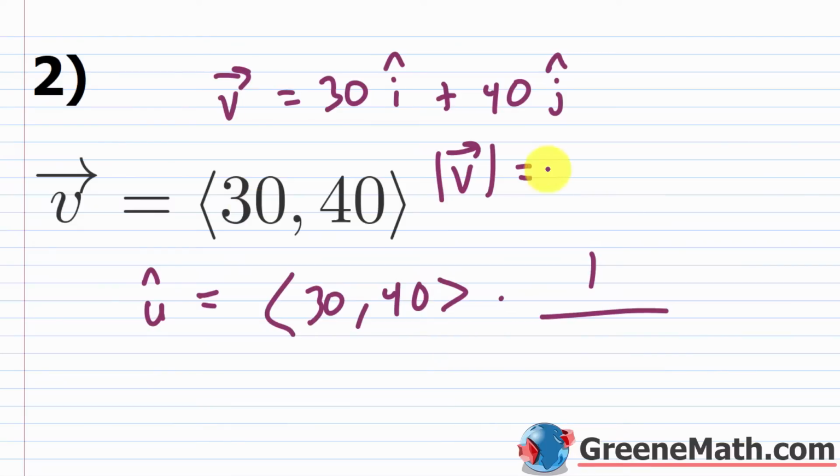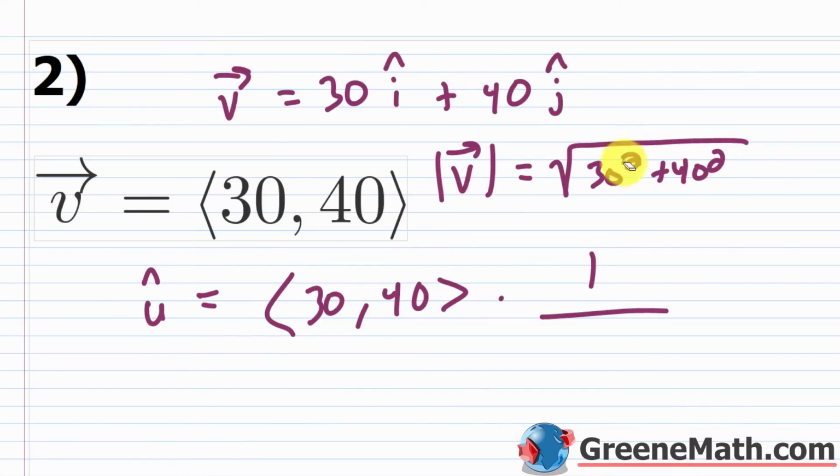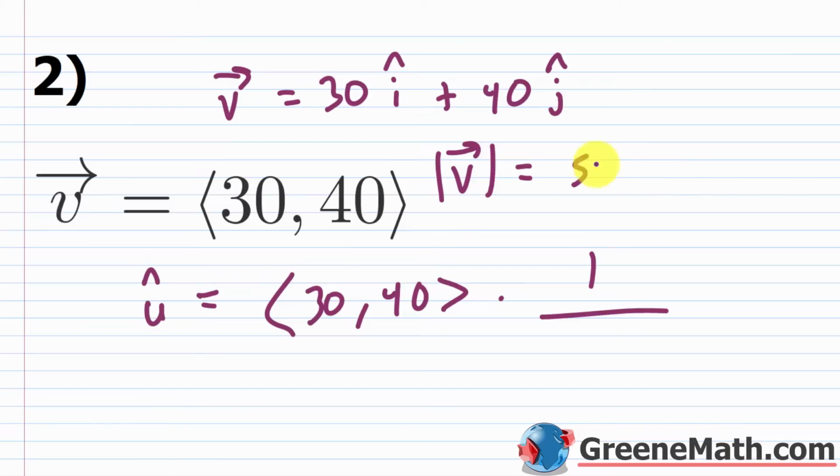Well, again, you just take the square root of your horizontal component squared plus your vertical component squared. This might be something you want to key into a calculator because the numbers are pretty big. Let's just see what this is going to give us. So the result I get is going to be 50. And where that comes from, 30 squared is going to be 900. 40 squared is 1600. 900 plus 1600 is 2500. And if you take the principal square root of 2500, you get 50.